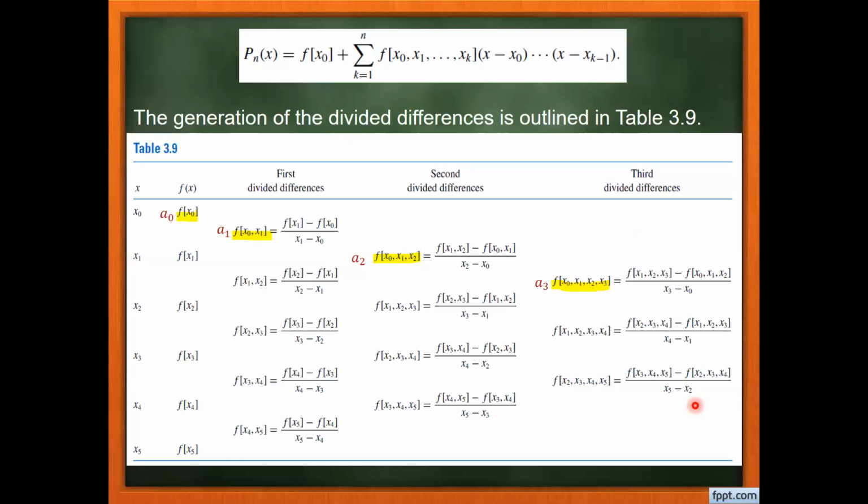I'm hopeful that you are able to understand how this divided difference table is drawn. It is very important. Keep it in mind. If you are unable to grasp the idea, please pause this video right now, rewind it, and try to understand how table 3.9 is drawn and try to do it on paper.